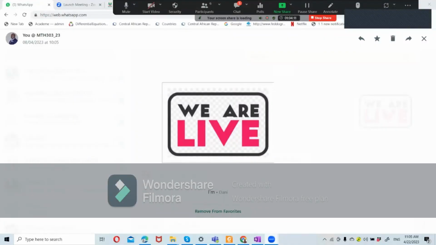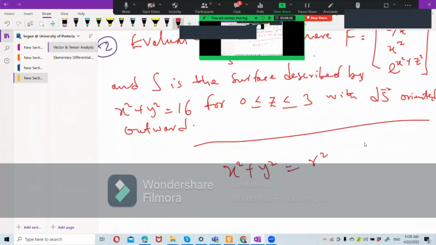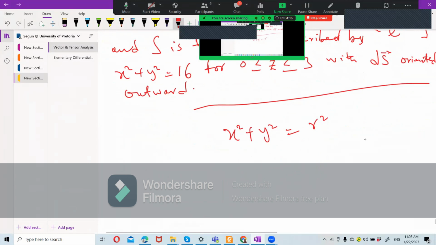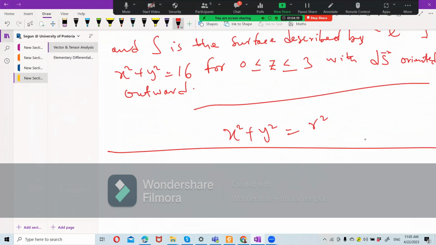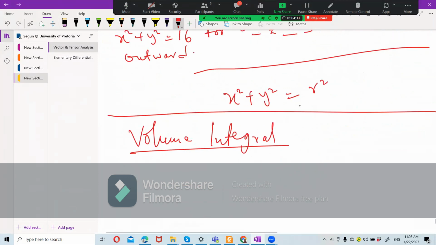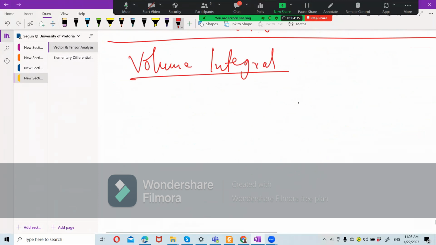So we'll move on to the volume integral and share my screen again. We'll come back to the surface. So let's look at the volume. Under the volume integral, when you see V, it says F equals x, y, z squared.